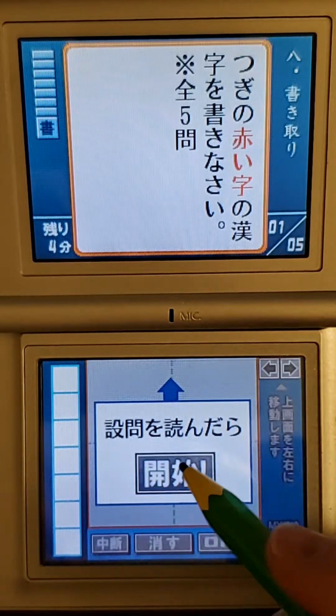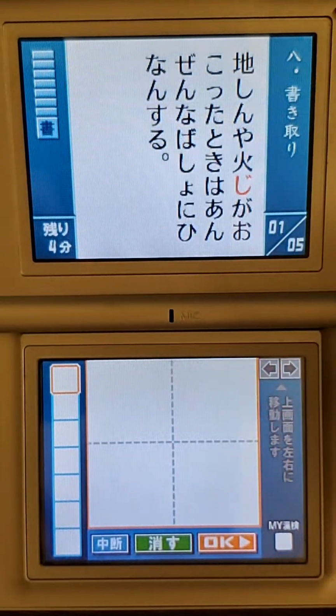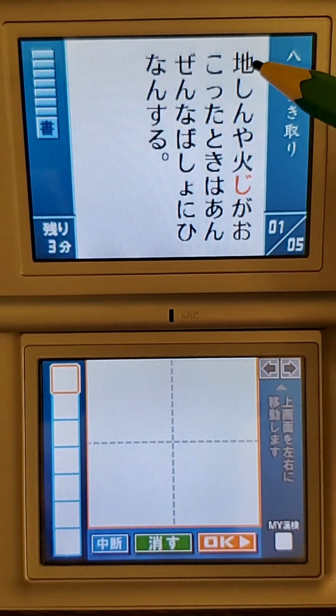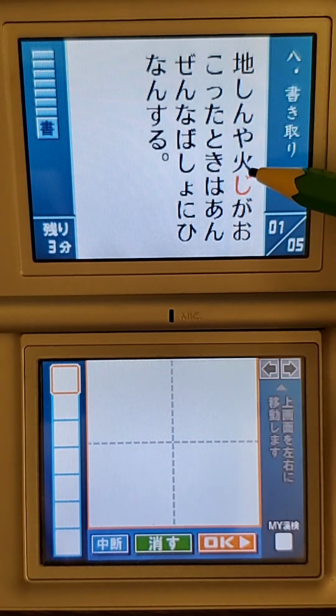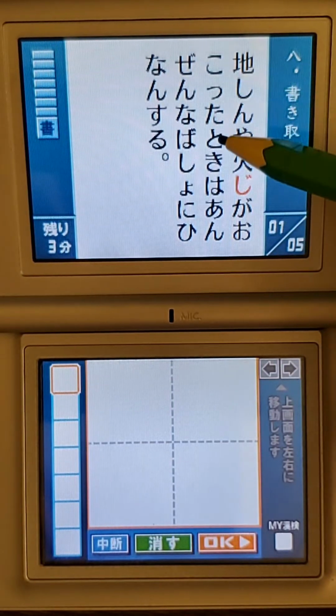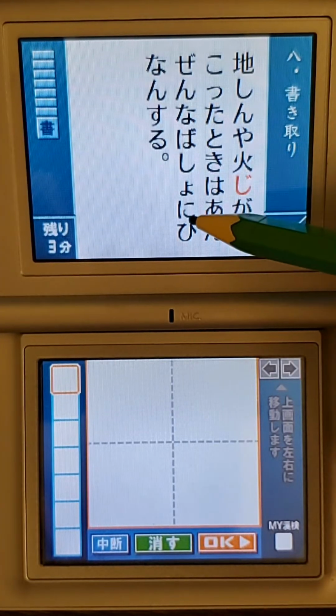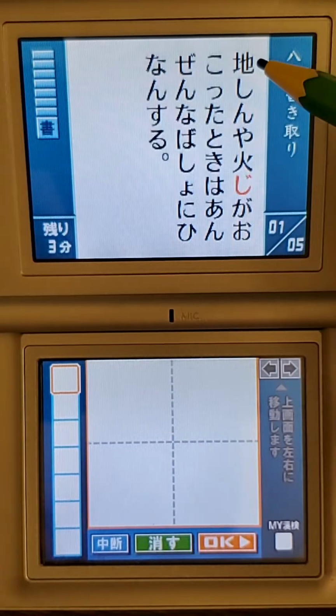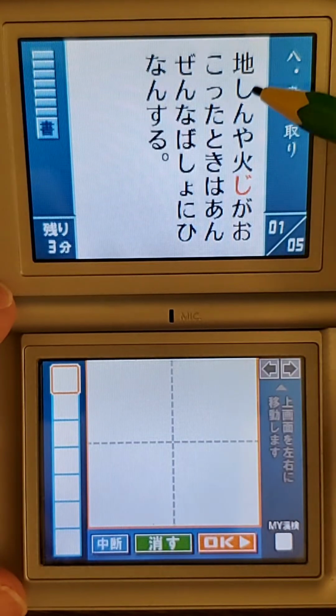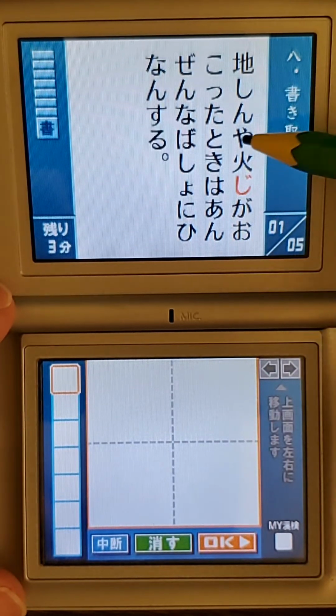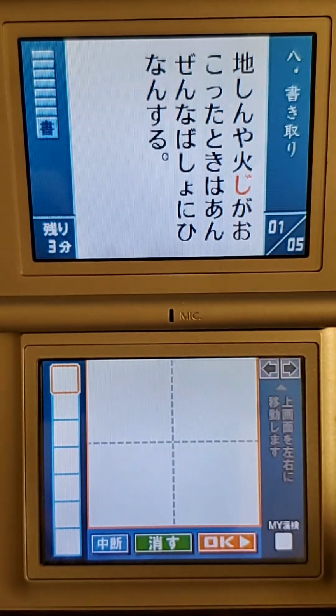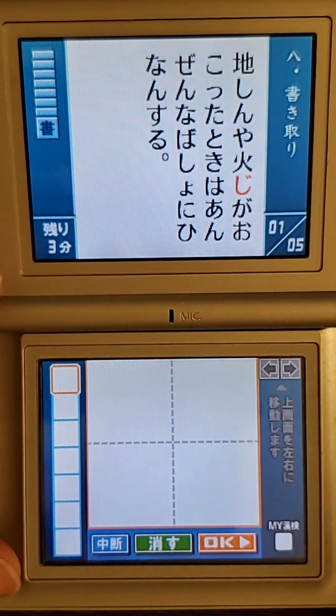All right. Tsugi. So this is the last part of this level. And jishin ya kaji ga okotta toki wa anzen na basho ni hinan suru. So with an earthquake or a fire, if one of those happen, you want to run away to a safe place.